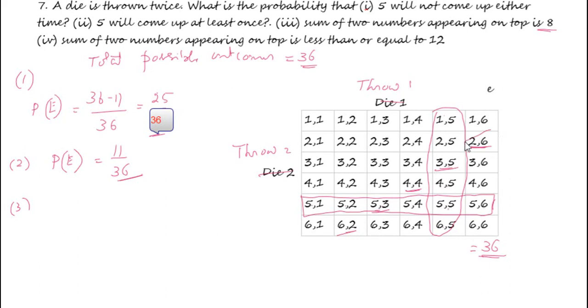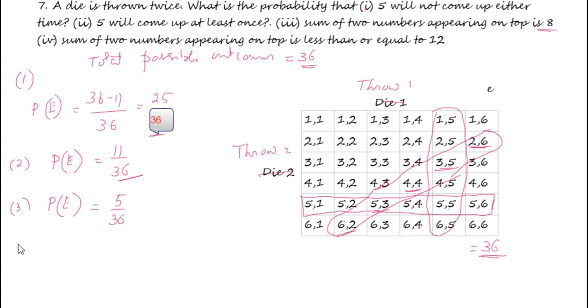So this entire portion satisfies the condition. So 2, 6, 3, 5, 4, 4, 5, 3 and 6, 2. 1, 2, 3, 4, 5. So the favorable outcomes are only 5 out of the 36. So probability of this event is 5 divided by 36.